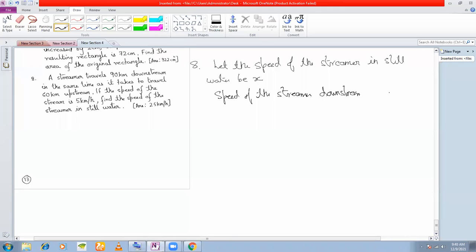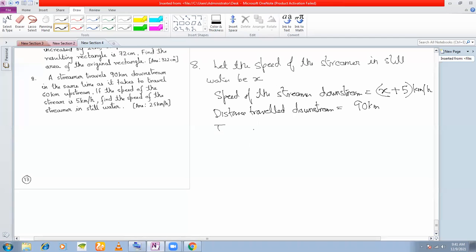And the speed of the streamer in still water is x. So because downstream means with the flow, the speed will increase, right? x plus 5 kilometers per hour, right? And what is the distance traveled downstream? Distance traveled downstream is 90 kilometers given.